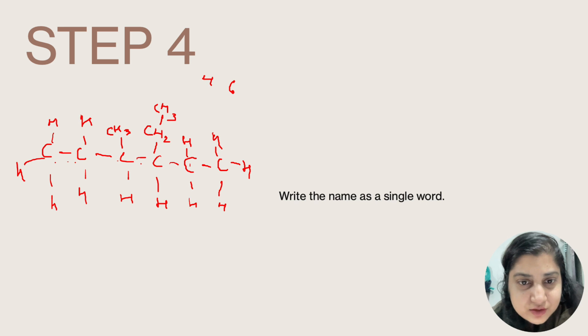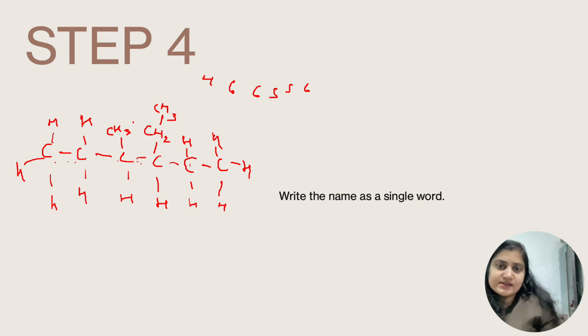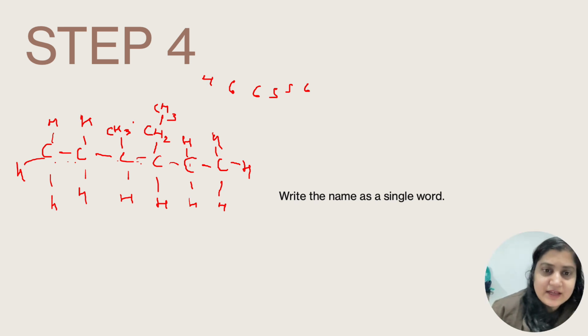Then 1 2 3 4 5 6, 6. Again, count from here, 1 2 3 4 5, 5. And 1 2 3 4 5 6, 6. Okay, so 6 is the highest. We can take it like this or like this or like this.